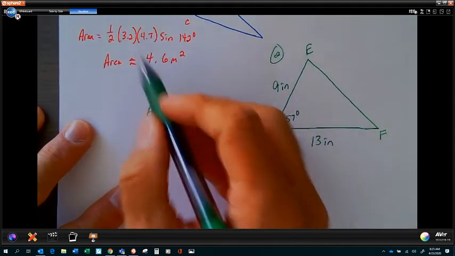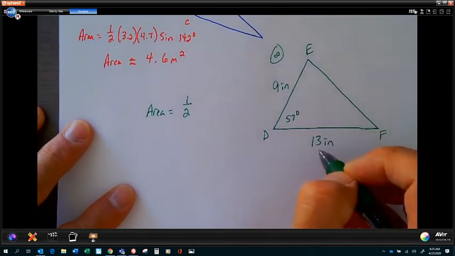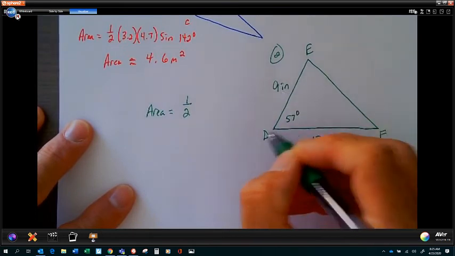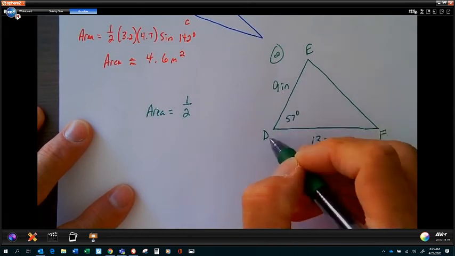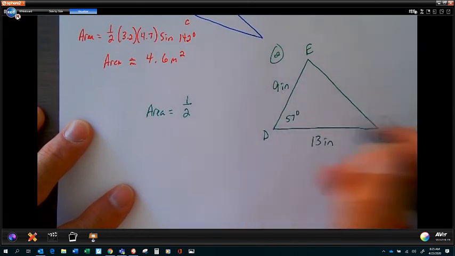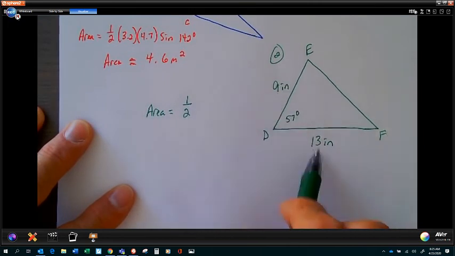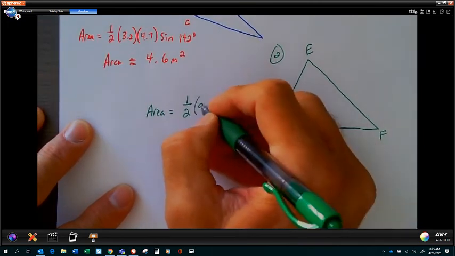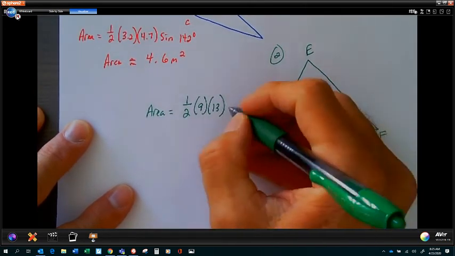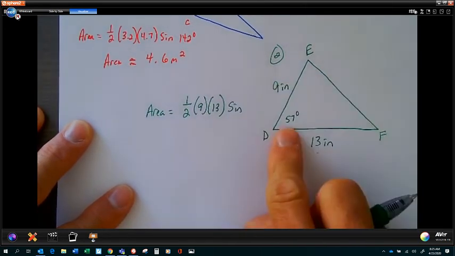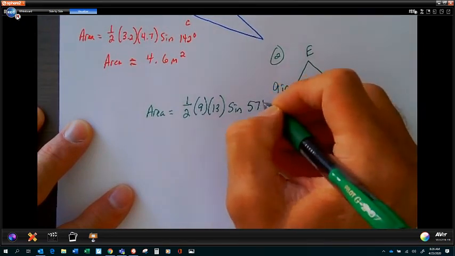We can label this A and this C, or this A and this B, or this B and this C, and whatever the angle included here, that's going to be the letter that's missing. So I'm just going to start here by saying, the two sides, so that's 1/2 times 9 times 13 times the sine of the included angle, the one that's in between them. So sine of 57 degrees.